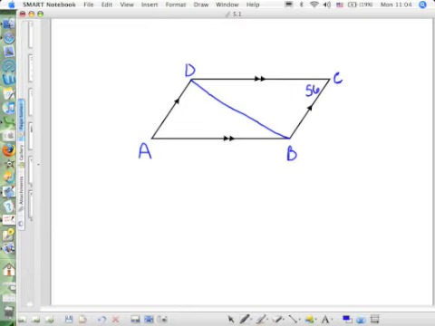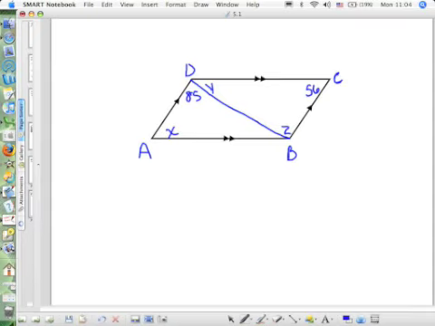If this is 56 degrees, let's see, this is Y, this would be Z, this is 85, this is X. Okay. Josh, go in order, whatever you want to do first.